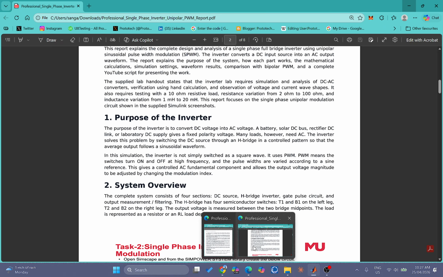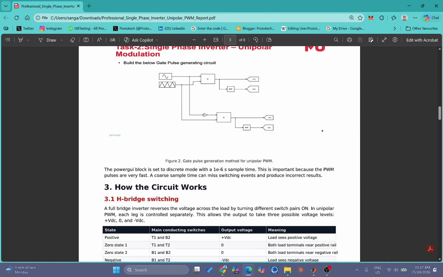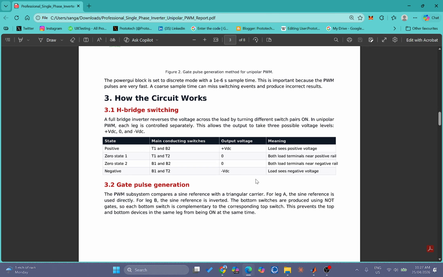Why is it important? Because the PWM pulses are very fast and a coarse sample time can either miss the switching events or produce incorrect results.